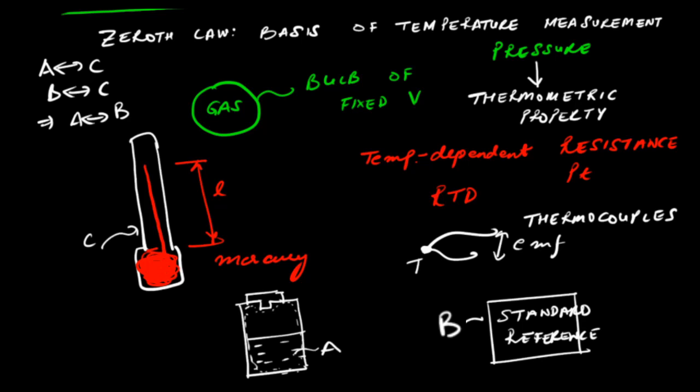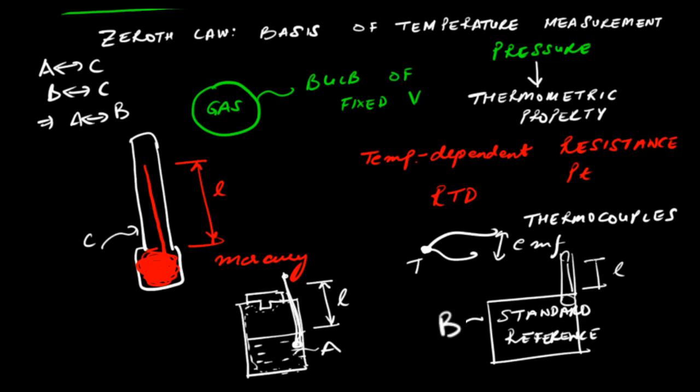So we dip our thermometer C in A so that they are in contact with each other. That means they can interact thermally. So when you do so, the thermometer will show a certain length of the mercury column that you are going to measure. Similarly, if you bring your thermometer over here, again it is going to show some length of the mercury column.